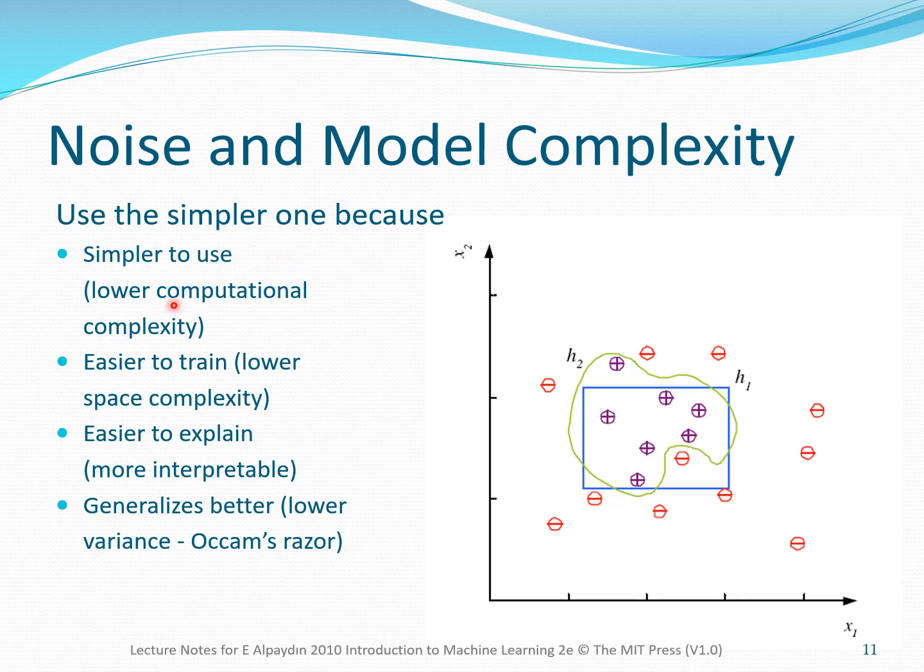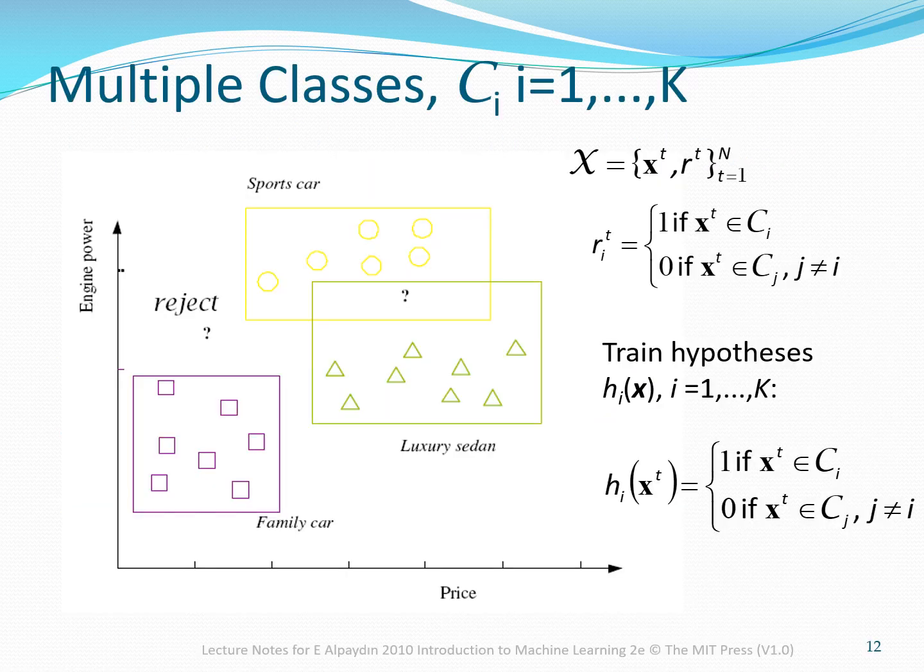Simpler to use means lower computational complexity, easier to train means lower space complexity, easier to explain means more interpretable, and it generalizes better, providing lower variance. This is in the spirit of Occam's razor, which states that simpler explanations are more plausible and any unnecessary complexity should be shaved off.